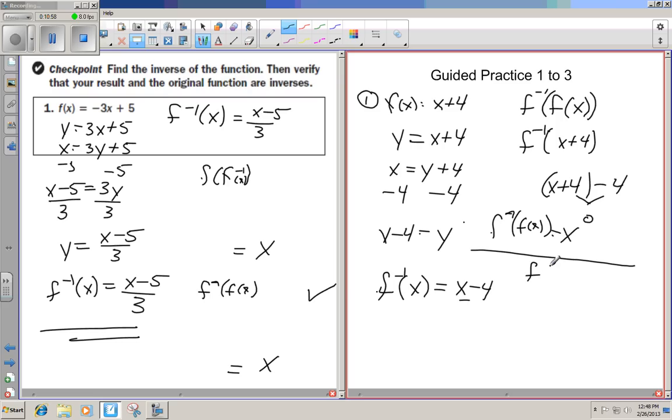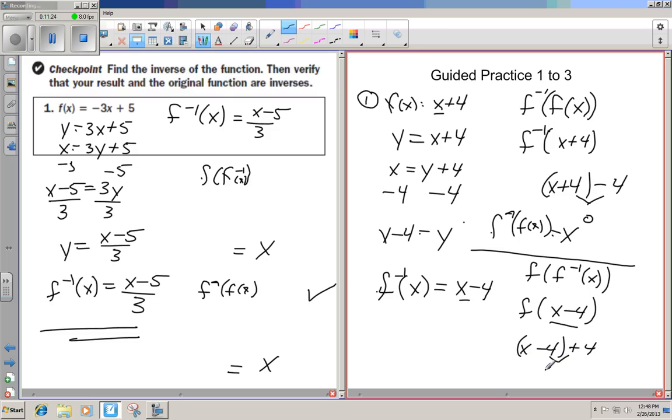Do the reverse. So now f inverse of x, we found it and we said it was x minus 4. We now are going to replace this x with that. So x is now x minus 4 plus 4.